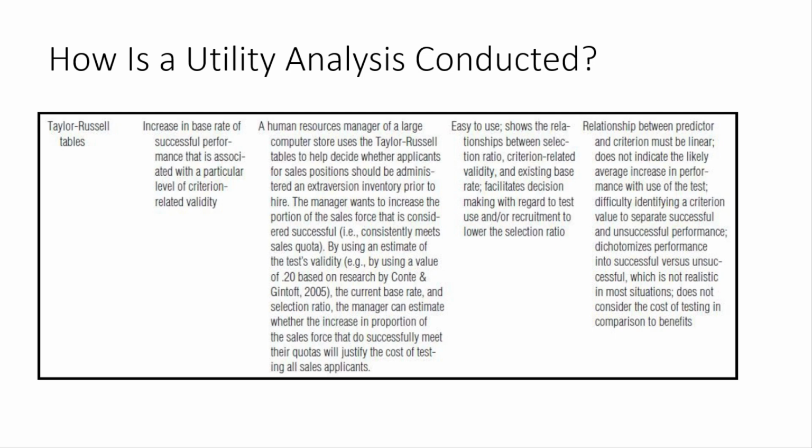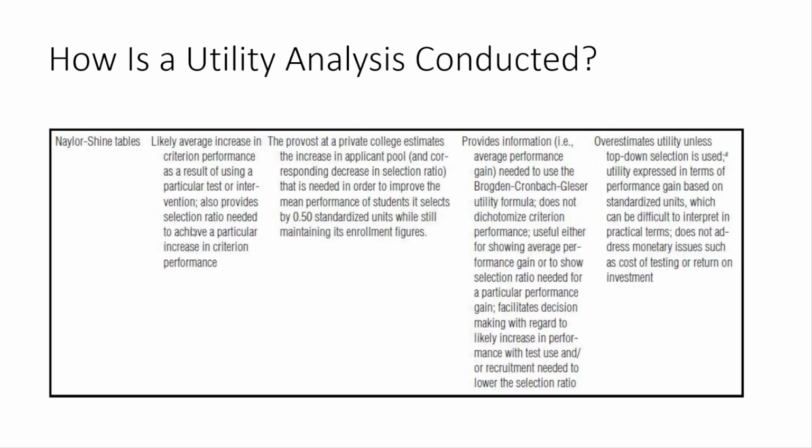It also dichotomizes performance into successful versus unsuccessful, which is not realistic and does not consider the cost of testing and comparison to benefit. So, ginabutang nila ang cost pero wala pang way to measure if the cost outweighs the benefit. Of course, may Naylor-Shine tables.